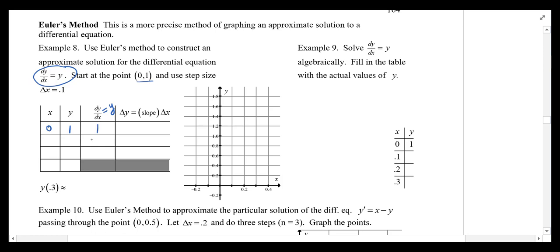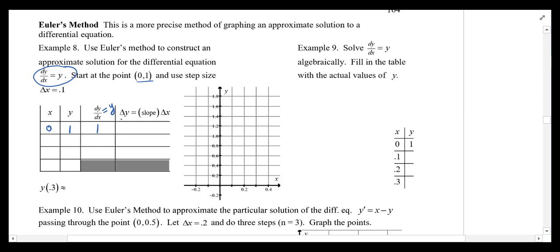Now, here is what Euler did. Euler said, we've got to find the change in y, the change in the y value. That change is equal to the slope multiplied by the change in the x value. Think about it: slope is dy/dx, the change in y over the change in x.